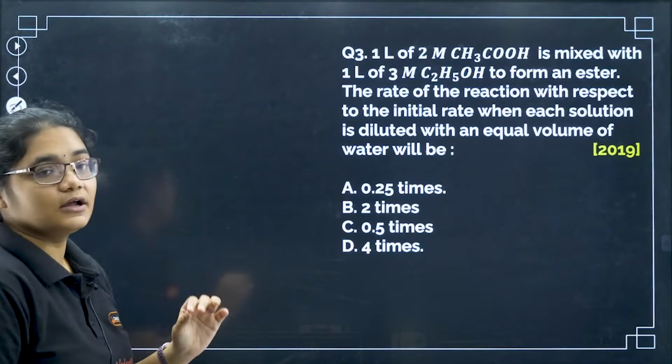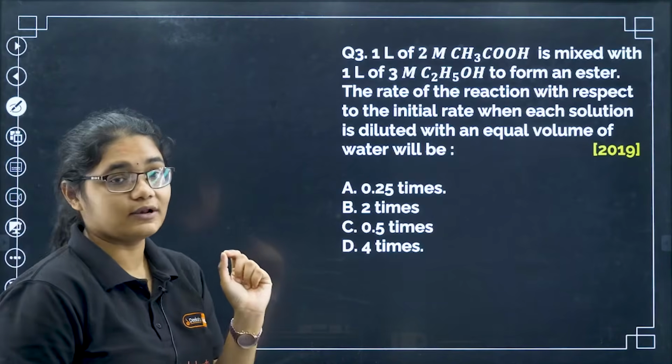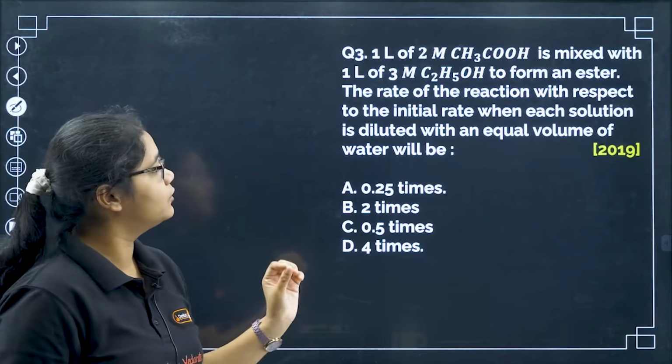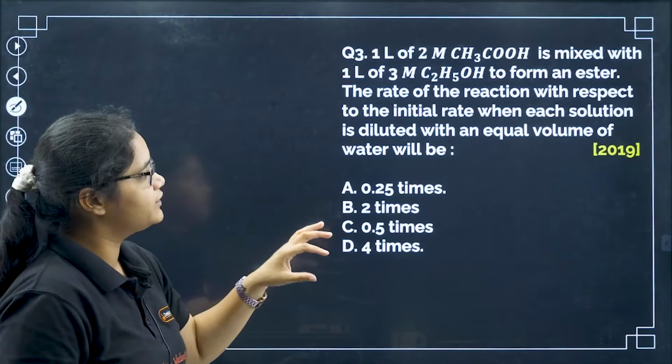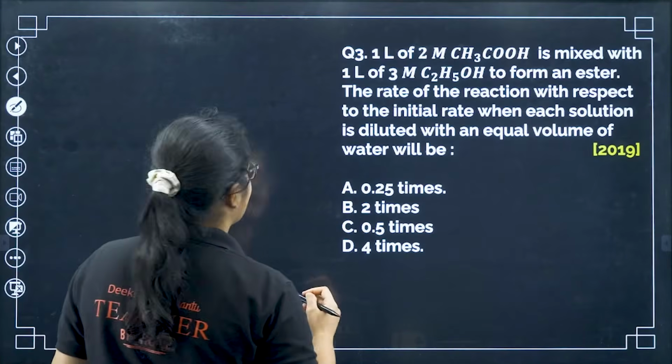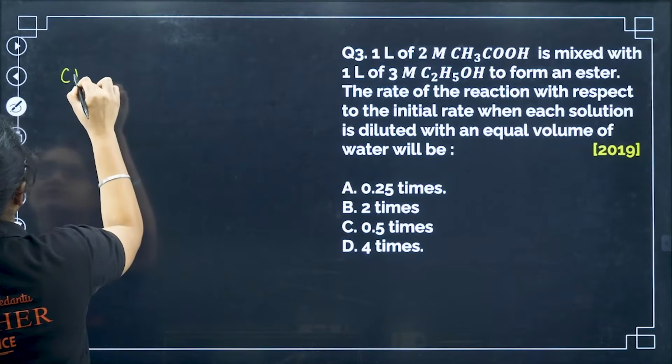Now moving to the third question, 1 liter of 2 molar CH3COOH is mixed with 1 liter of 3 molar C2H5OH to form an ester. So we have the reaction between acetic acid and ethanol.